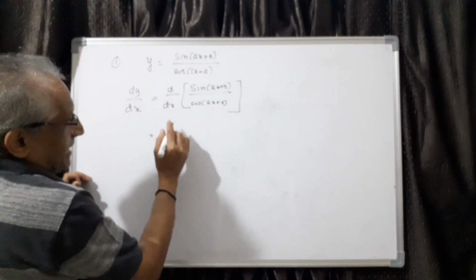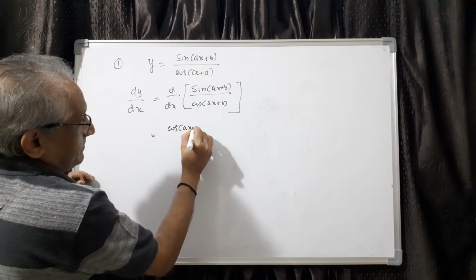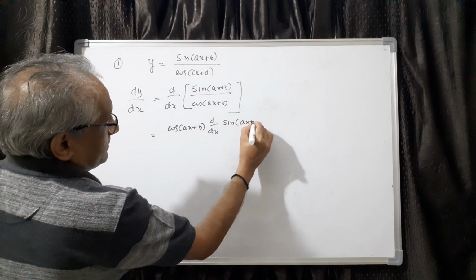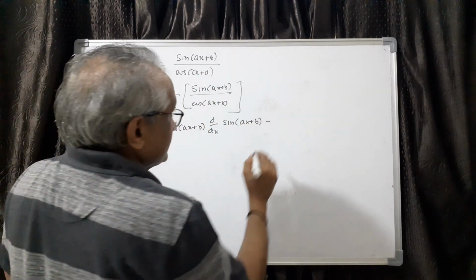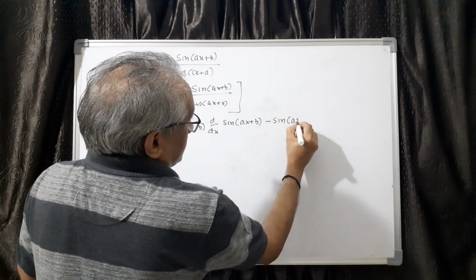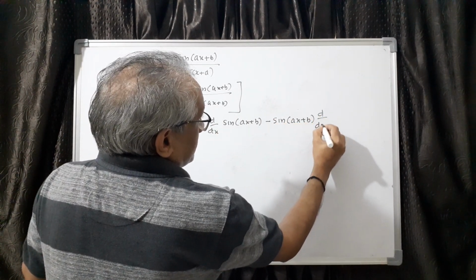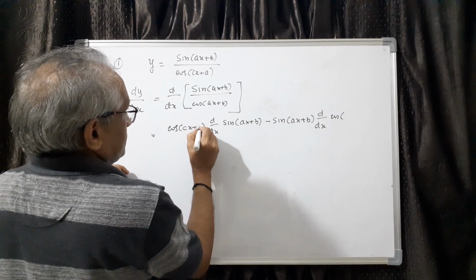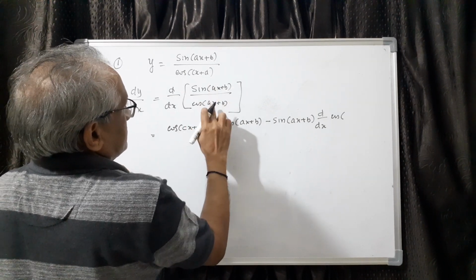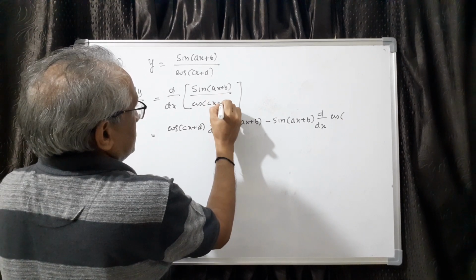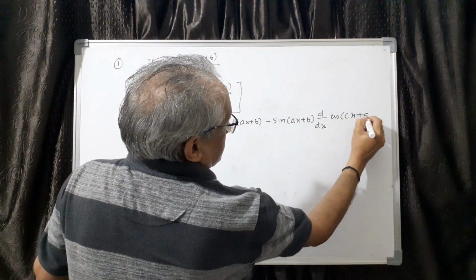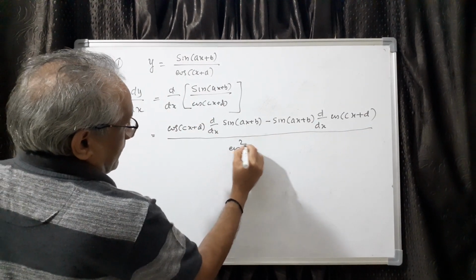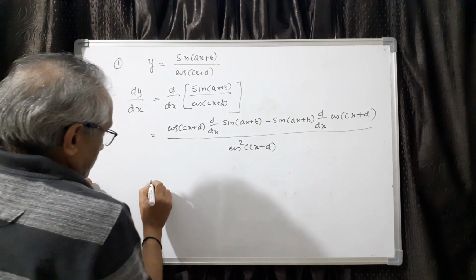Quotient rule says: cos of cx plus d as it is, d by dx of sine of ax plus b, first function numerator, minus this as it is, sine of ax plus b as it is, d by dx of cos of cx plus d, then divided by cos square cx plus d. So this is the quotient rule.